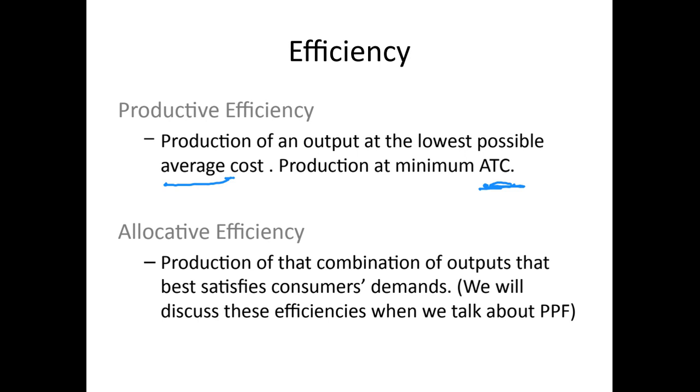So I will not discuss allocative efficiency in this slide. I've already discussed productive efficiency, that is production at minimum average total cost. But we will discuss allocative efficiency after discussing the production possibilities frontier. Okay, so let's move to the next slide and we'll discuss this PPF in the last slide, I believe.